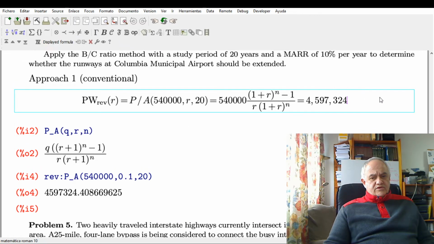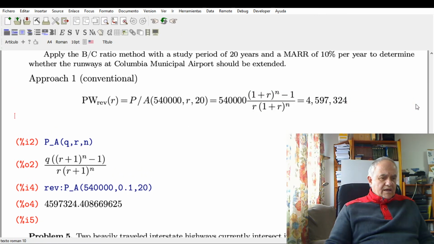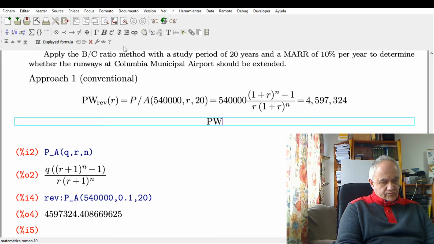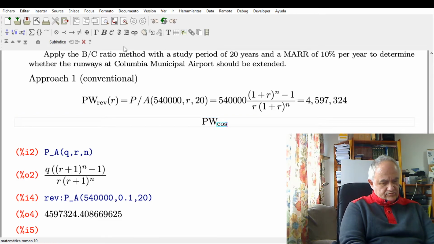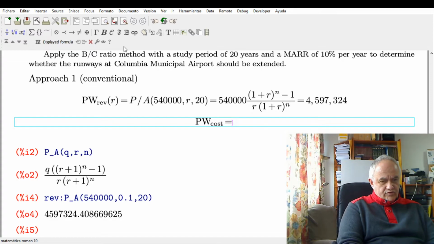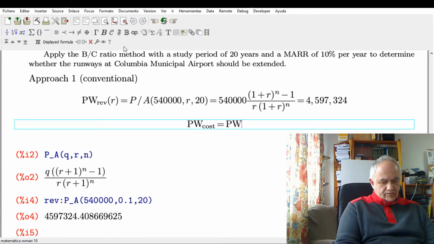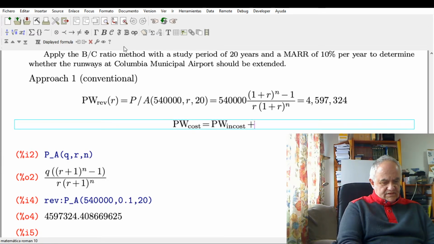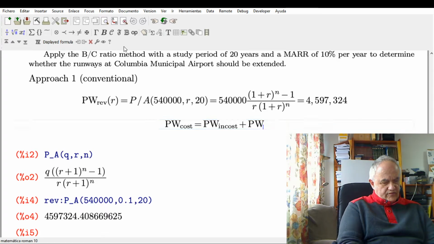Now what is the present worth of the cost? Okay, actually there are two components of it, but we will obtain directly. Present worth of cost is equal to present worth of initial cost plus present worth of annual cost.